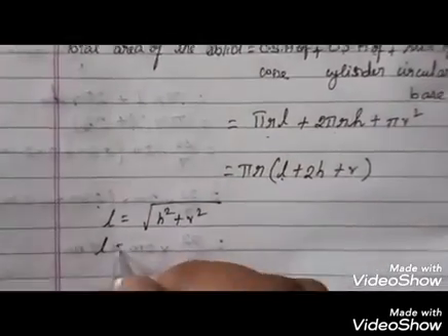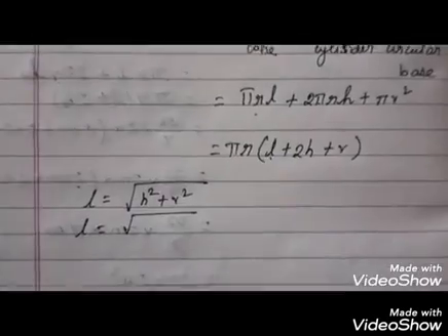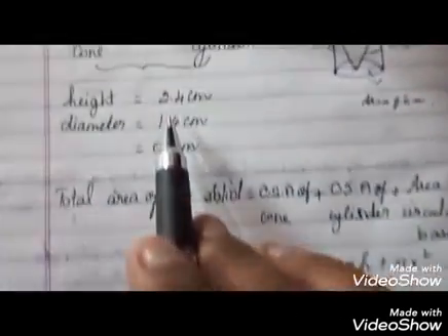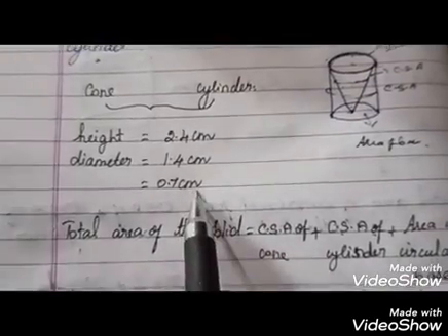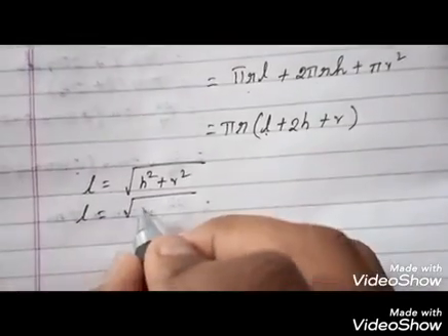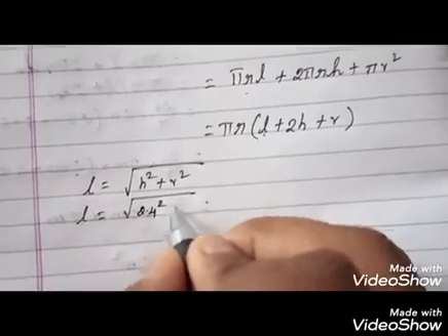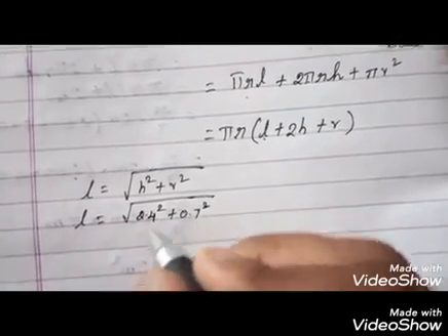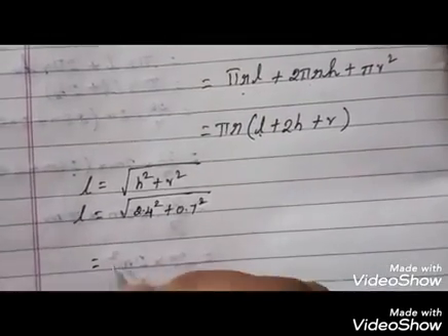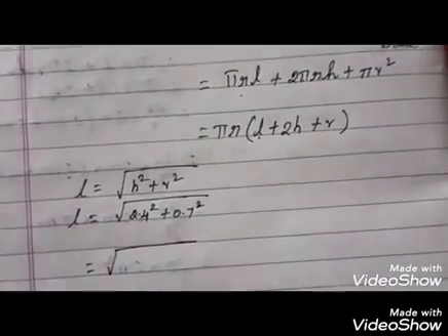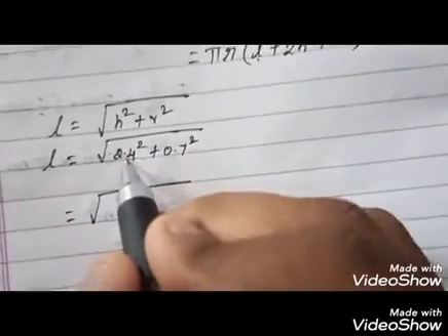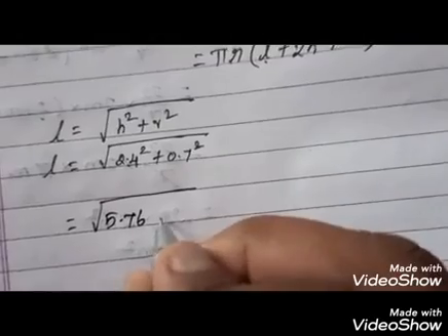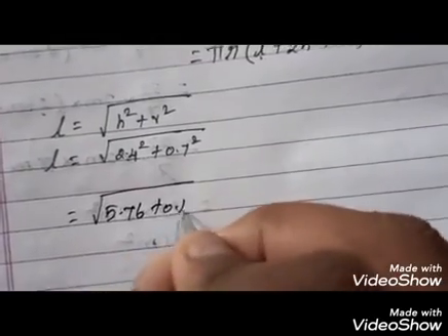So we need to find the slant height. L equals the square root of 2.4 square plus 0.7 square, since the height is 2.4 centimeter and the radius is 0.7. So we have to square them. What is the value of 24 square? It is 576.